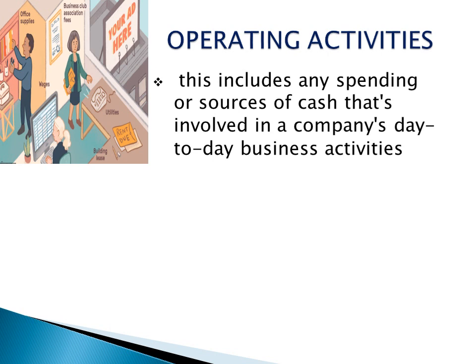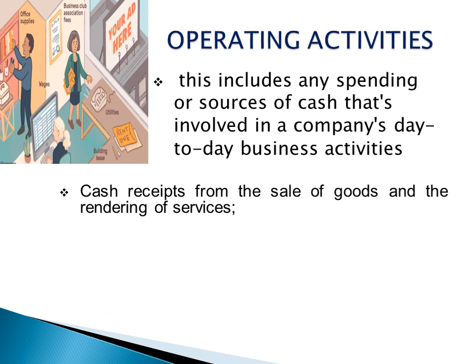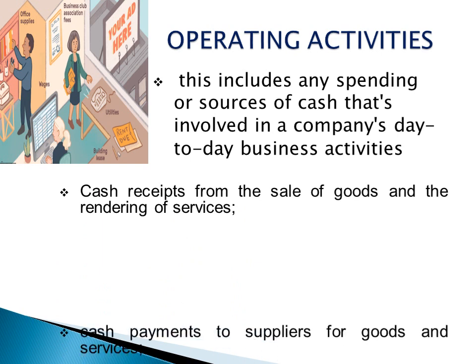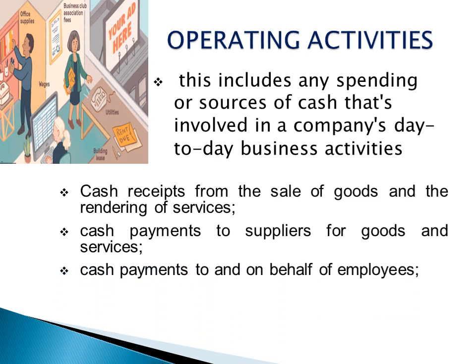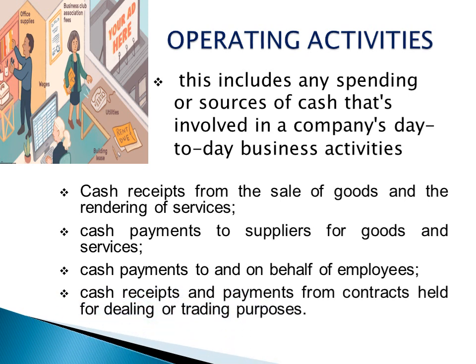Examples are the cash receipts from sale of goods and rendering of services, cash payments to suppliers and for services, because take note these are all within the operating cycle, and then cash payments to and on behalf of employees. These three examples are related to day-to-day business transactions. And lastly, payments and receipts from customers held for dealing or trading purposes.